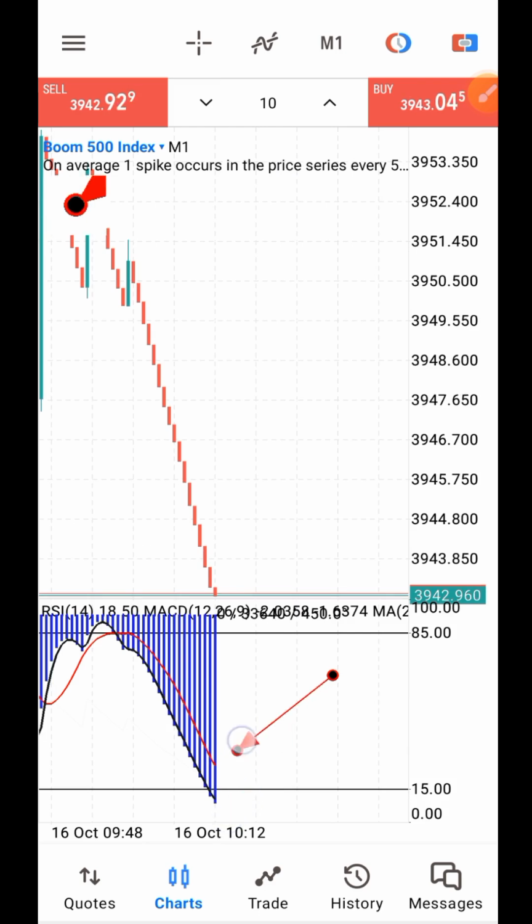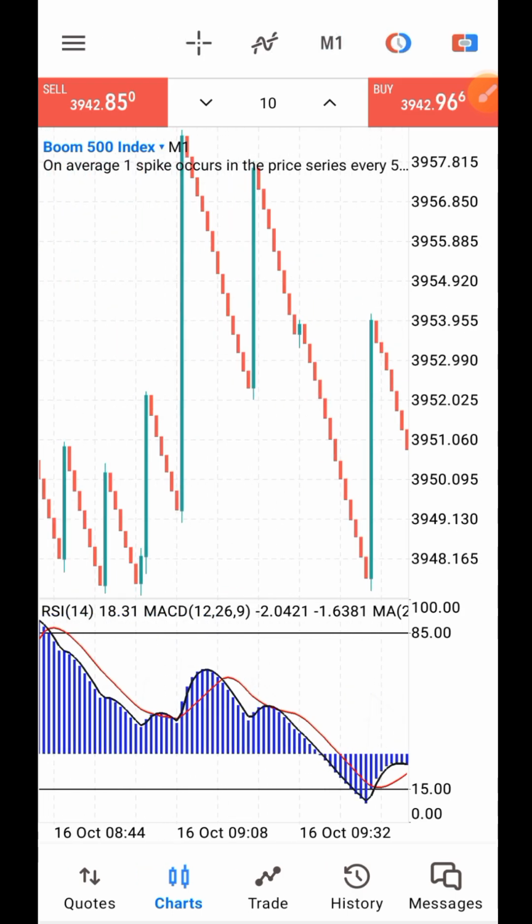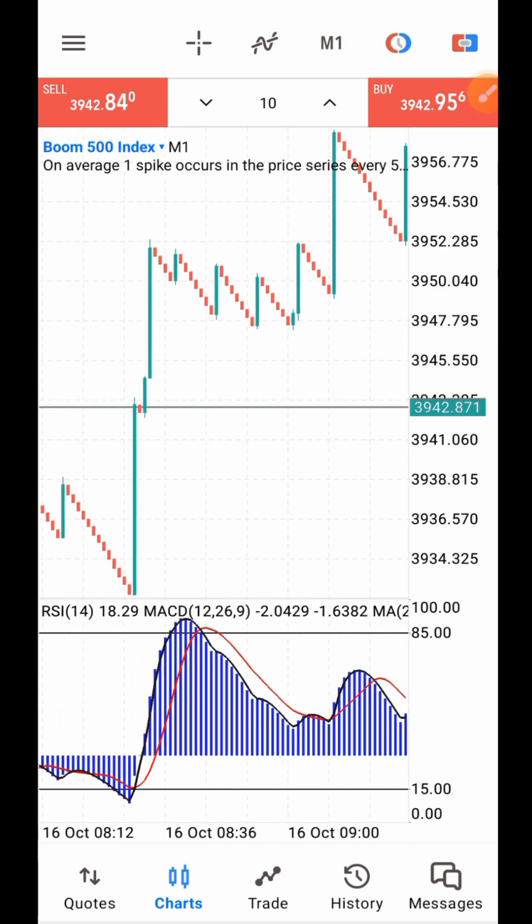That is very accurate. You can enter for buy here. It's possible for a spike to happen, but if you don't want to wait long, wait for this red to also go below the level 15. You won't stay long in the market. That is just one clue I forgot to show you before.